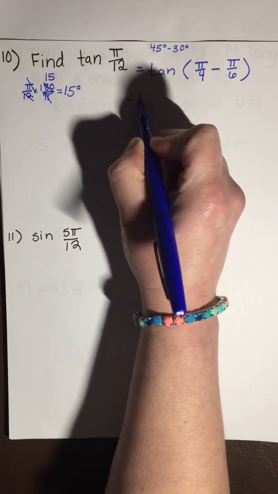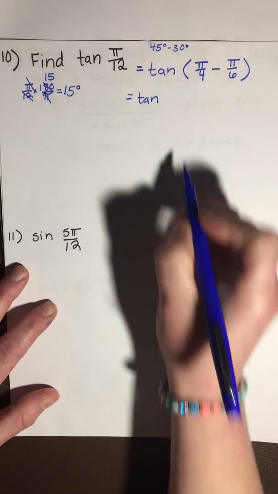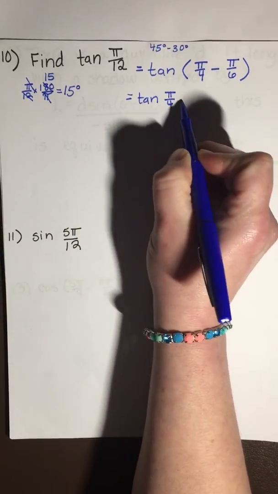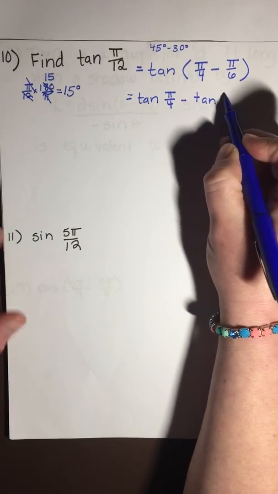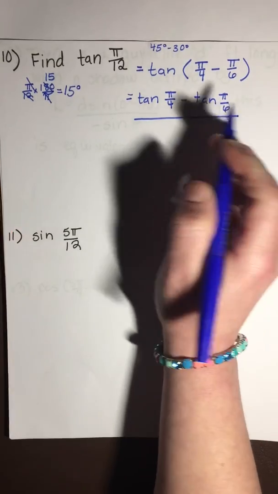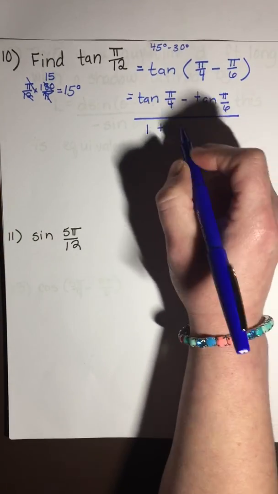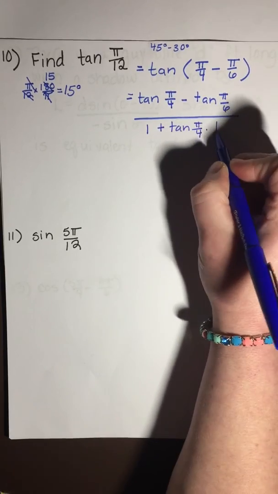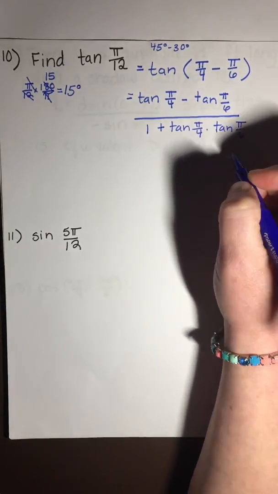So that'll be the tangent of pi over 4 minus the tangent of pi over 6, and that'll be divided by 1 plus the tangent of pi over 4 times the tangent of pi over 6.